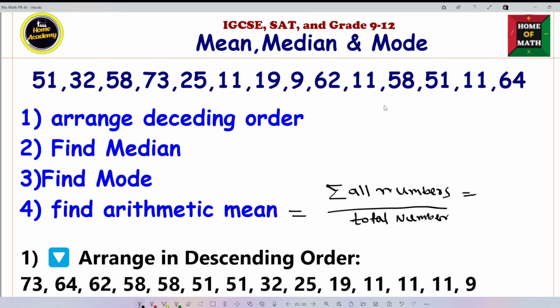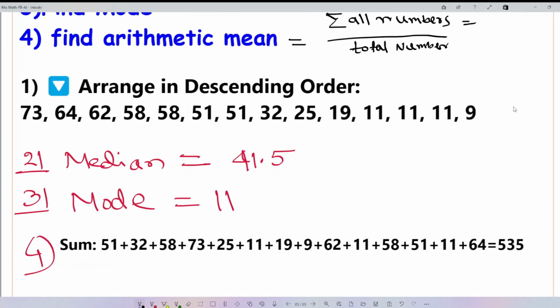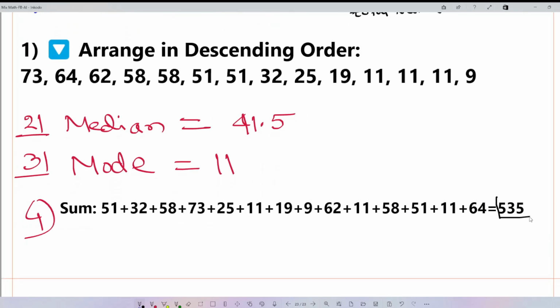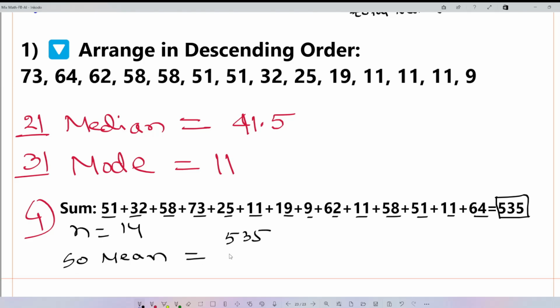Here the summation is 535 and the total number is 14. So the mean equals 535 divided by 14, and the answer is 38.21.